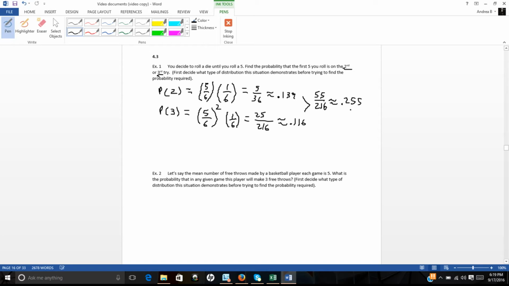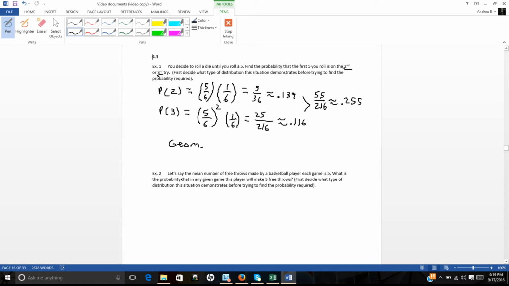Normally for our probabilities, if we're rounding them, we go to about 3 decimal places, especially if the probabilities end up being small. So this first one was an example of a geometric distribution. I'm going to abbreviate it here as geometric, just as a reminder that it was the distribution used for example 1. For example 2, it's worded a little bit differently.